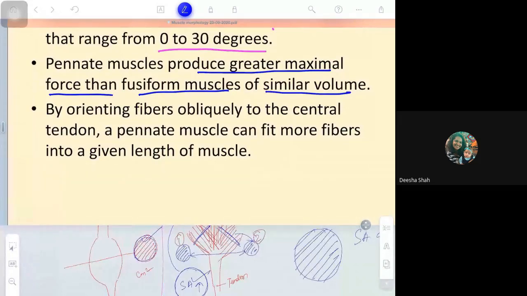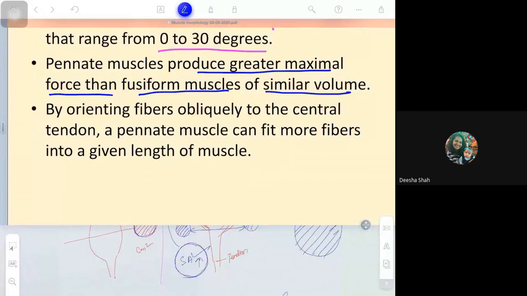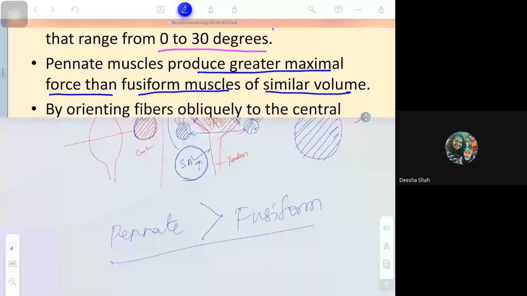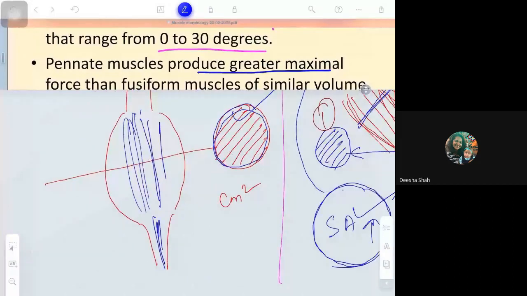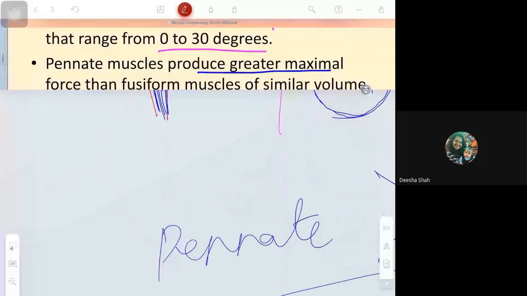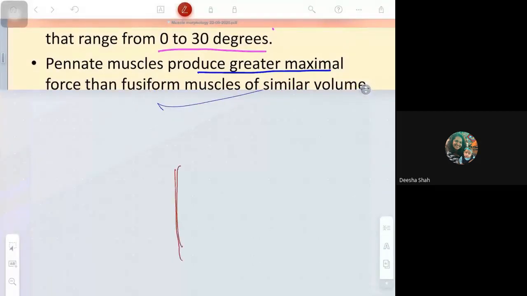Clear? When compared to the fusiform muscle. So here if you take the muscle fiber, this is tendon. Clear? The fusiform muscle can accommodate only fewer muscle fibers. Clear? But if you take a pennate muscle, this is tendon, and pennate muscle can receive more muscle fibers.